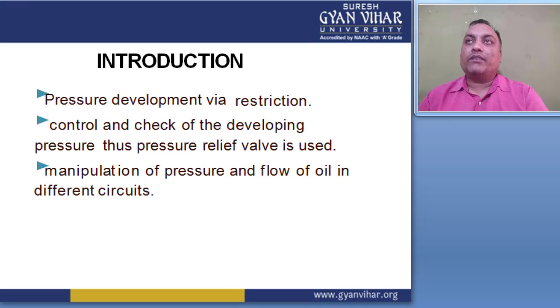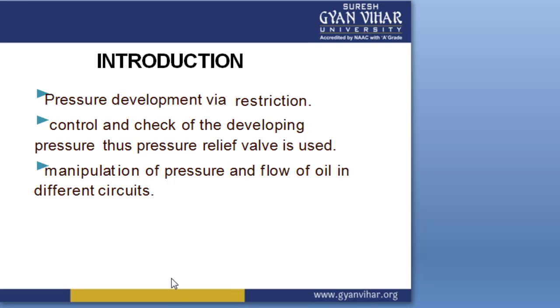And for the different circuits, you can use a parallel circuit line, you can use a series circuit line for the pressure flow, and you can also use a series and parallel combination of the hydraulic circuit.